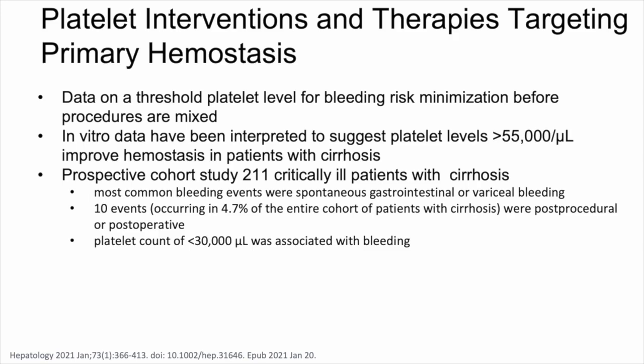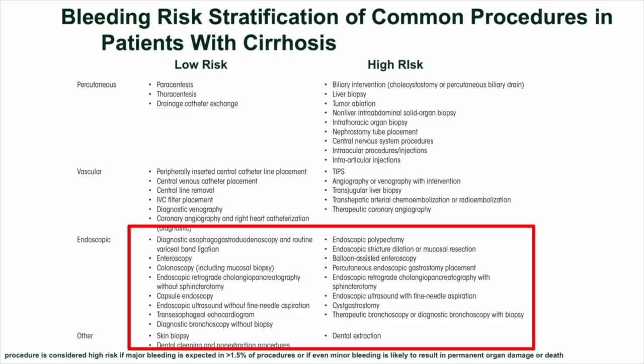So 30,000, 55,000. When we look at our elective procedures and need to decide whether or not to intervene, the first thing to do is look at this chart, which has been around for quite some time, to see whether your procedure is low risk or high risk. I have circled some of the endoscopic procedures we commonly perform in those with cirrhosis: endoscopy with or without variceal ligation, enteroscopy, colonoscopy with mucosal biopsies, ERCP, capsule endoscopy, EUS, TEEs, and a variety of other procedures.